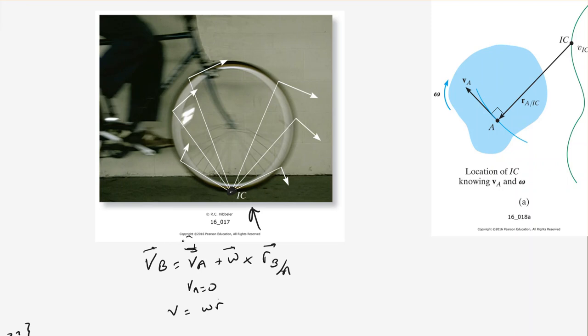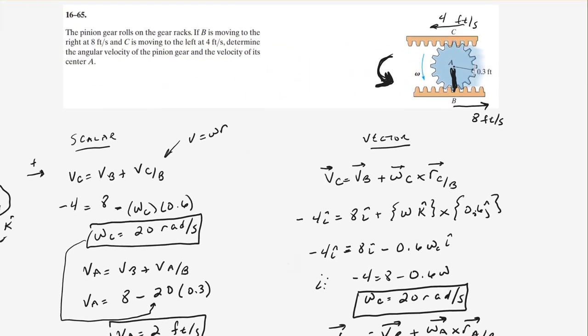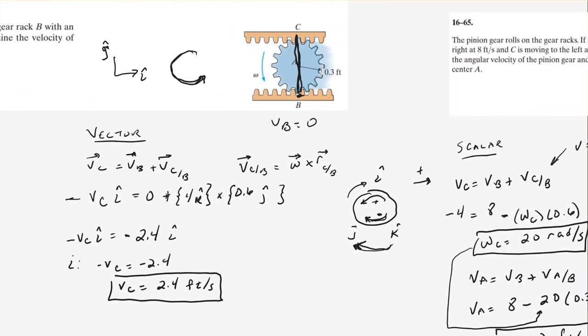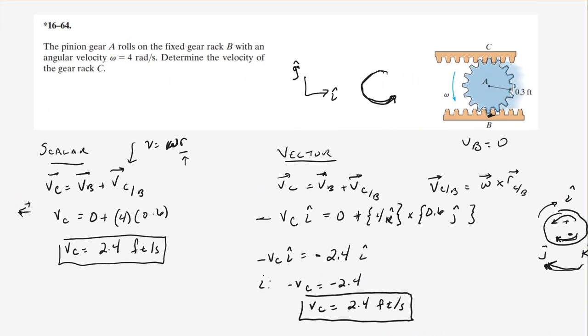If you'll remember, we're going to come back later to this first problem. When we were doing this first problem, the gear is attached at point B, and point B is not moving. So it's kind of like the bicycle wheel on the ground. So right here, you can tell that this is an instantaneous center of zero velocity. So here's my 0 over here.